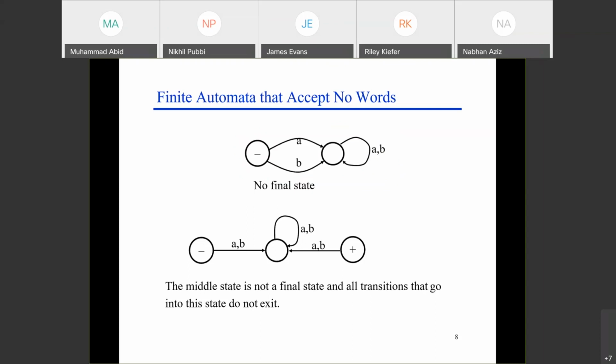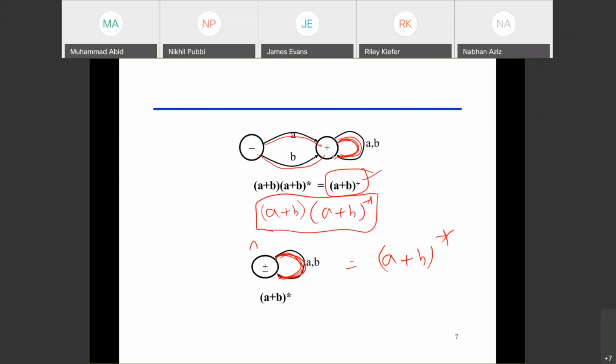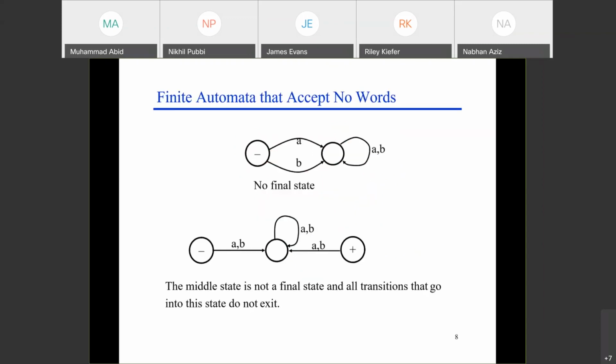We never say that an FA will have a specific number of states. You saw in the previous slide, it is just one state. So that's not a problem. The number of states will never be a problem for validity or invalidity.